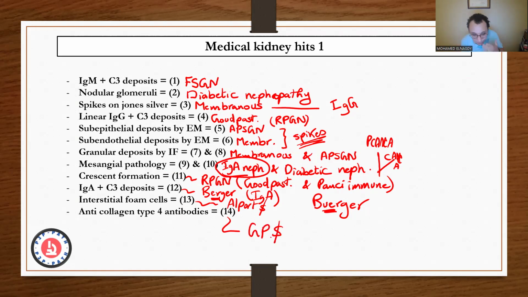Yeah, GPS is Goodpasture syndrome. GBM is glomerular basement membrane. But just letting you know, Alport syndrome is not anti-collagen type 4. Alport syndrome is a defect in collagen type 4 synthesis. But there is no autoimmune reaction to collagen type 4. Okay. It's X-linked dominant. Okay?